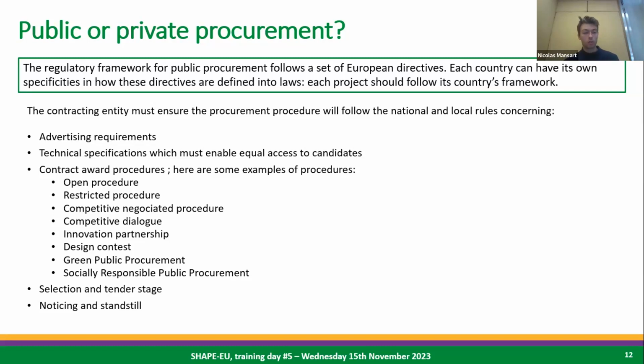And socially responsible public procurement integrates, in the same way, social considerations into the procurement process. For example, it will focus on benefits to communities, workers, and society afterwards.